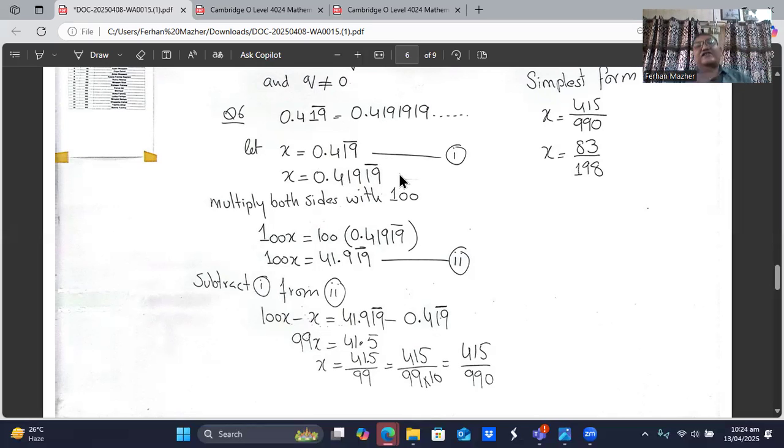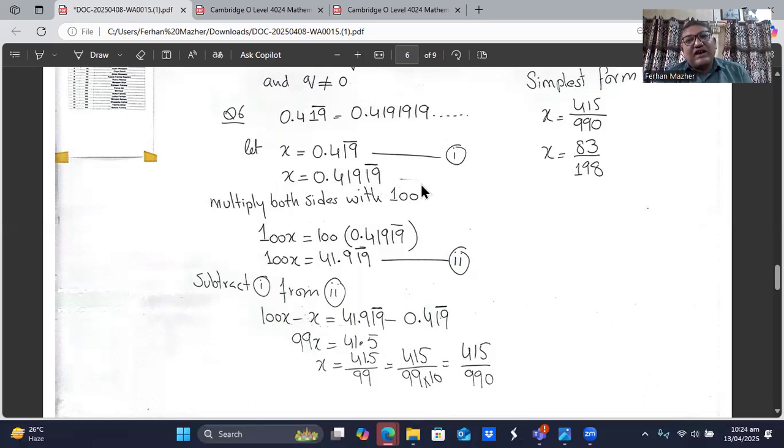Now I want to get rid of this. You can see that this 19 is on the second and the third decimal place. So I will multiply with 10, 100 or 1000 in such a way that I bring this 19, which has a bar on it, to the third decimal place, I mean.